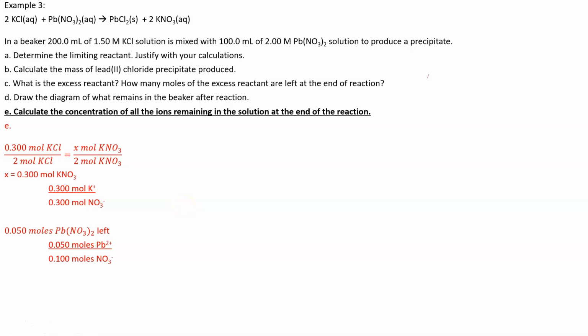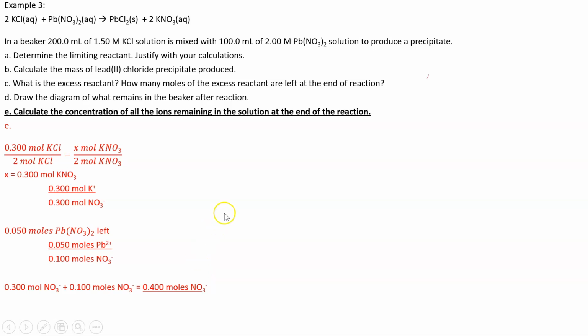So I know how many moles of potassium I have, I know how many moles of lead I have, but please notice that you have nitrate coming from 2 different places. We have to add those together to find out how many moles of nitrate we actually have in the solution. 0.300 moles of nitrate plus 0.100 moles of nitrate gives us 0.400 moles of nitrate ions.